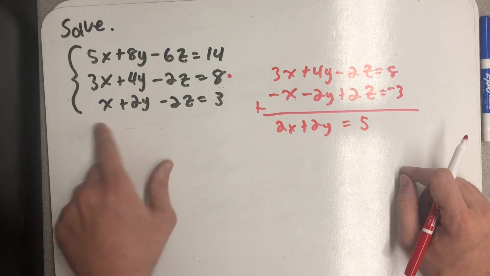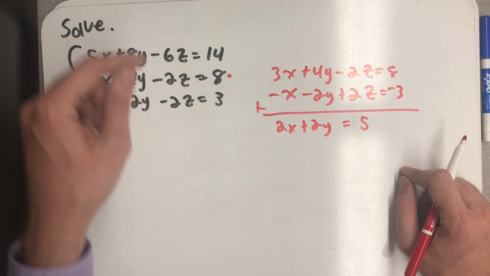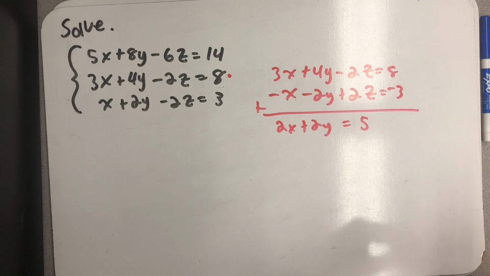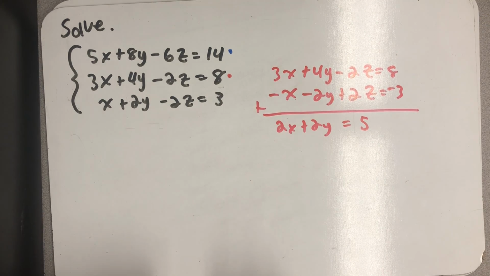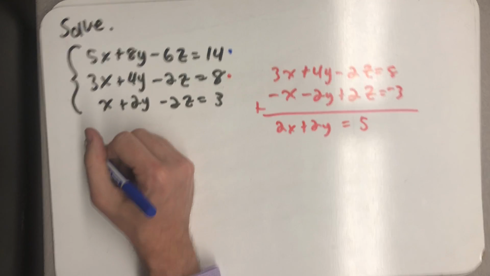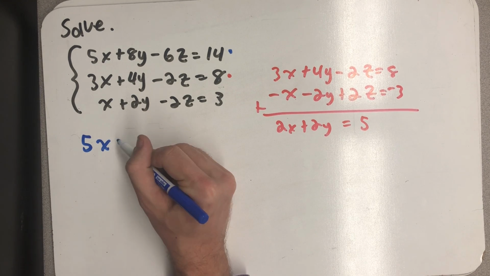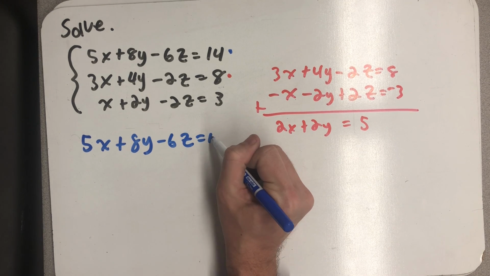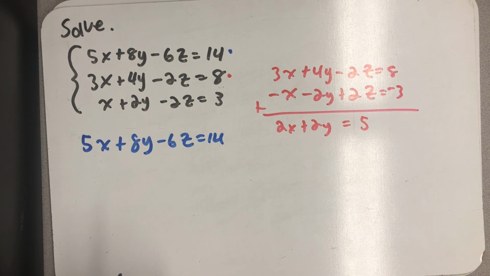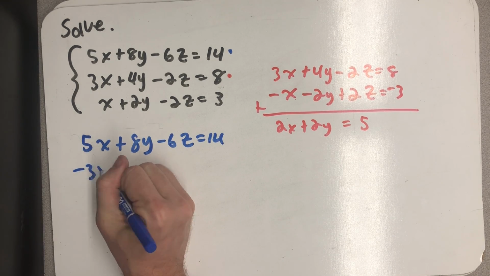So now let's take this bottom equation, multiply it by -3, and add it to the top equation. That way I can have another equation that just has x's and y's. So I'm going to leave that top equation alone, and this bottom equation, I'm going to multiply by -3.